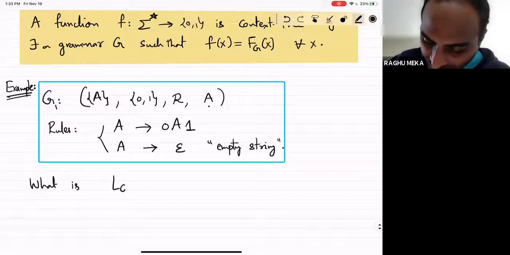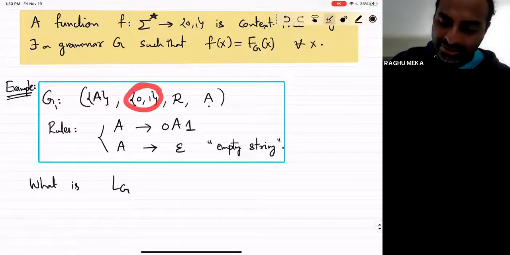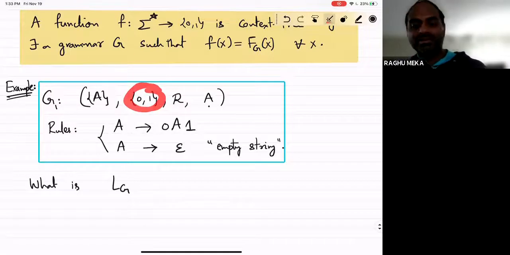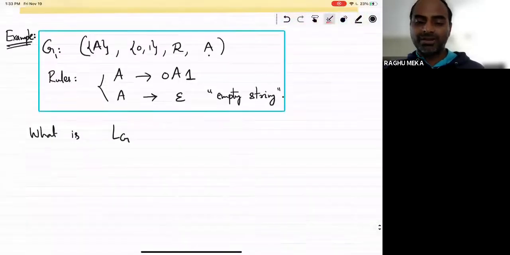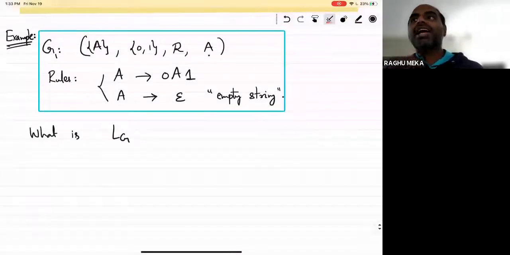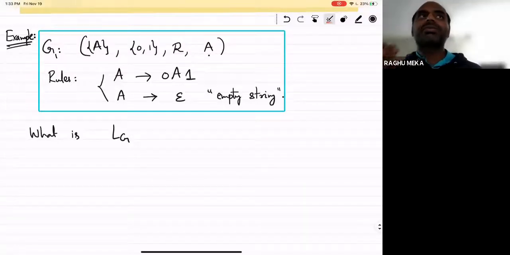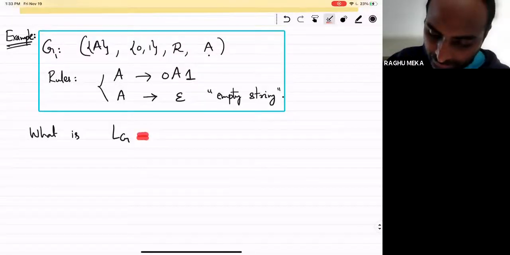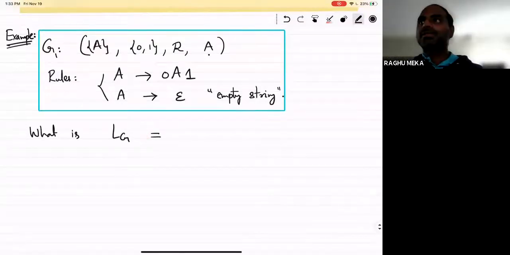So remember, the terminals, the alphabet, is just 0 and 1. So the language is a subset of just sigma star, right? It's only going to contain binary strings, but what's the language computed by this grammar? What strings are derivable from the starting symbol in this grammar? Any guesses?